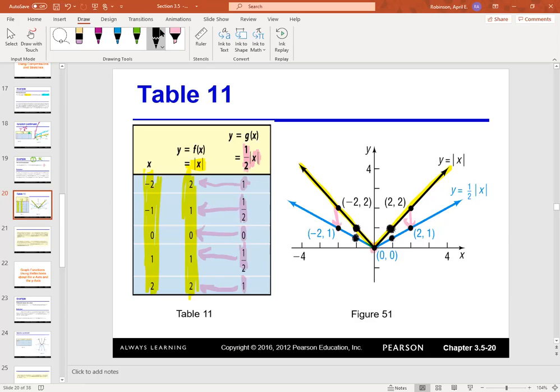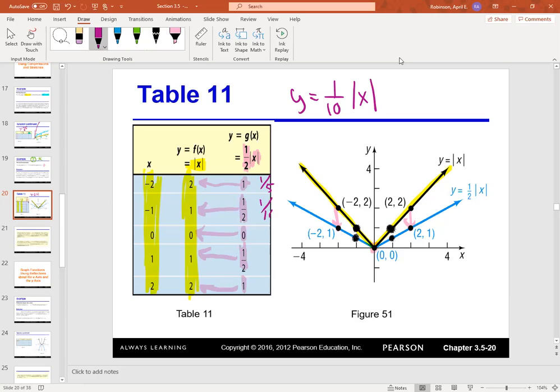But if my fraction was even smaller, like let's say it was y equals 1/10 of the absolute value of x. If I had 1/10, then the absolute value of 2 is 2. 1/10 times 2 would be 1/5.